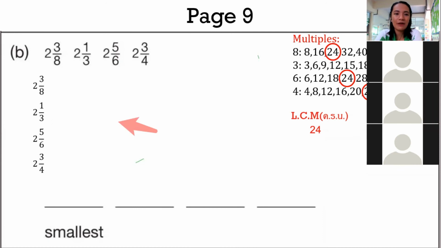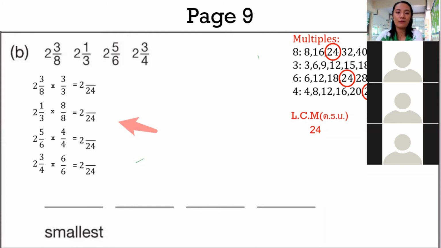What is the missing number? It is 3, right? So 8 times 3 is equal to 24. Next, we have 3 times 8 will be 24. 6 times 4 is 24. And 4 times 6 is 24.